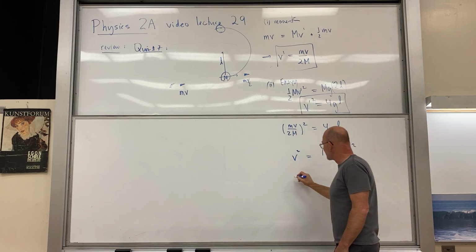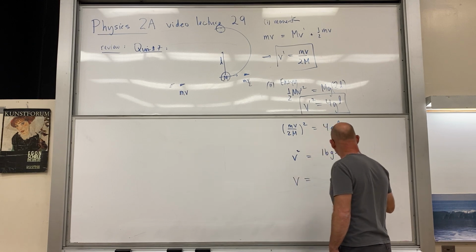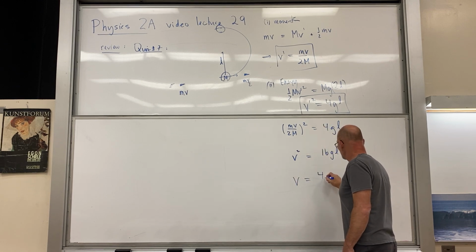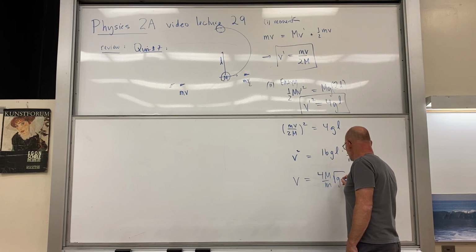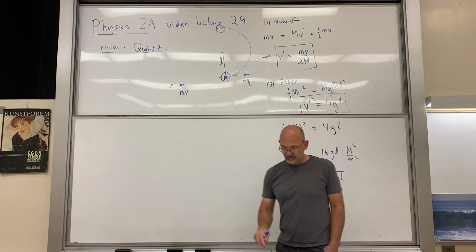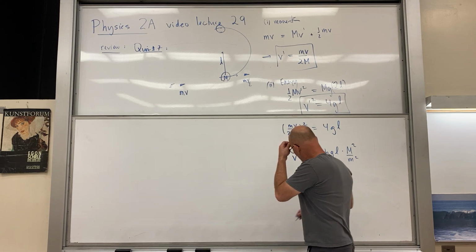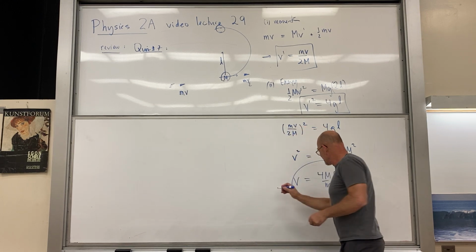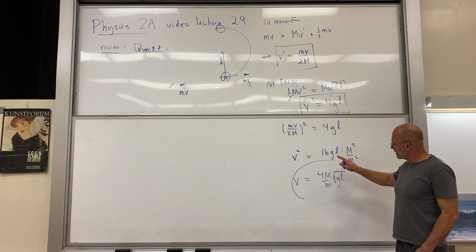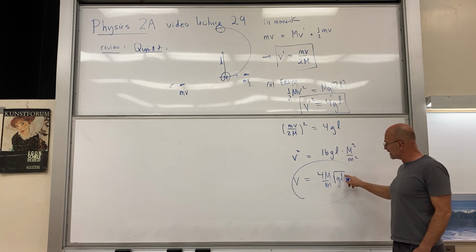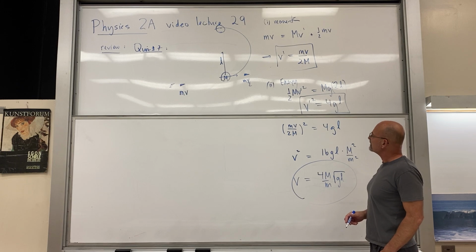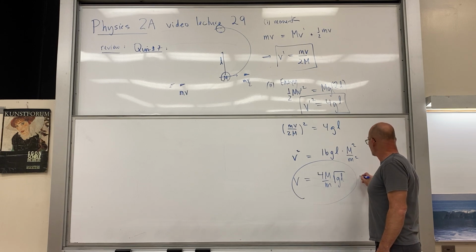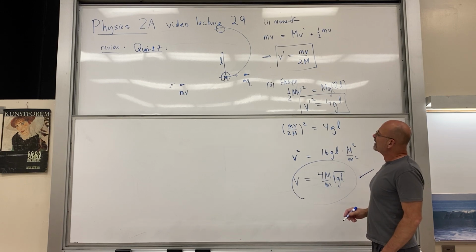When you simplify that, you have v equals 4M divided by m times the root of gL. That's where you could plug in your m's and your L and get the final answer, v, on quiz number 7. Good, so we had that.